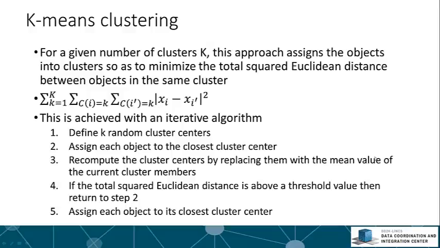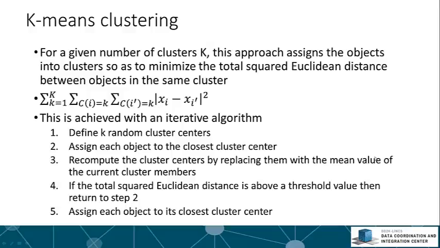Now, hopefully, I'm going to make that a little bit clearer with a specific example. Now, the algorithm is an iterative algorithm, which means it repeats until some notion of convergence has occurred.